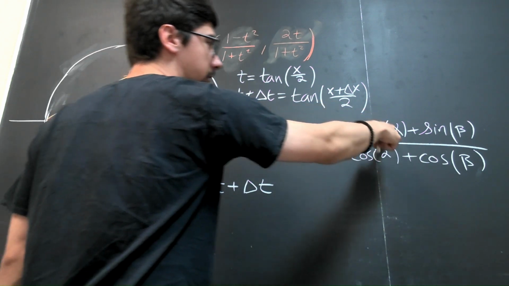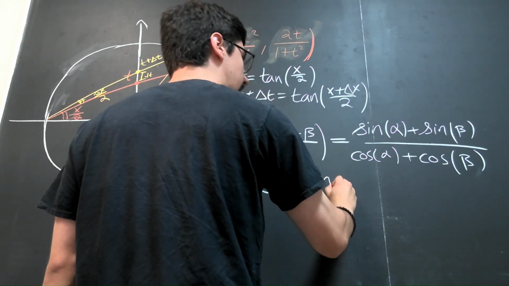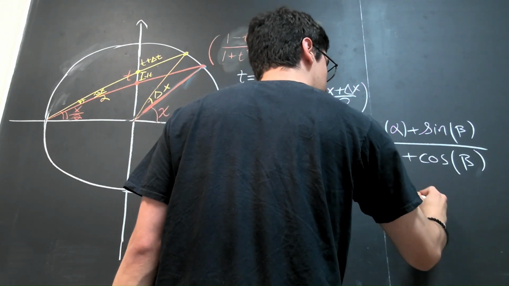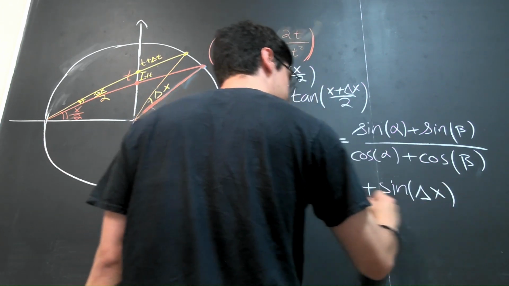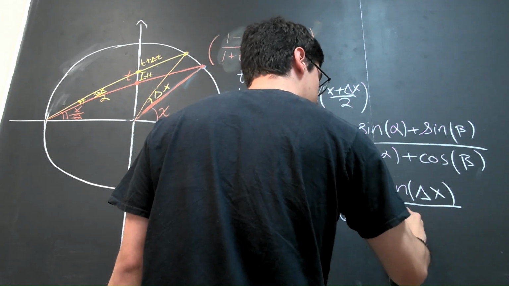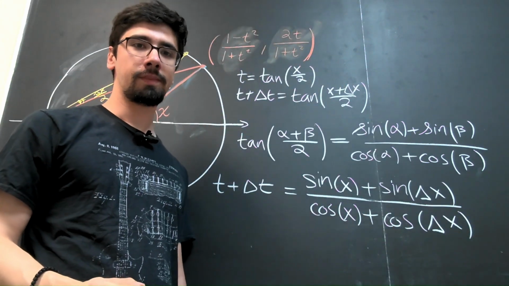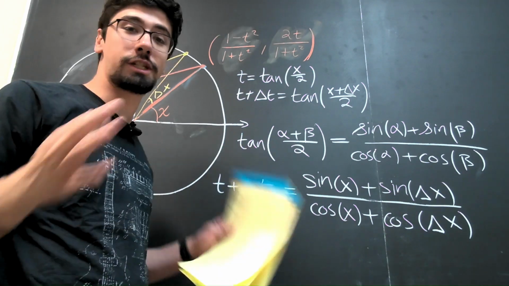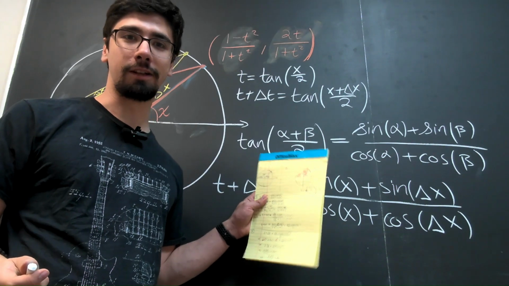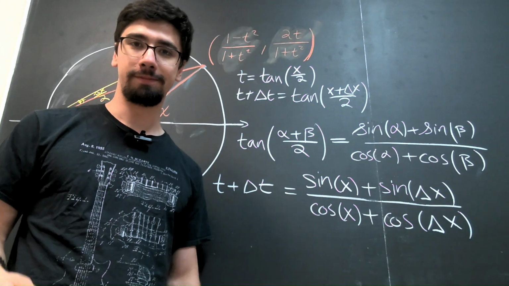And by this relationship right here, we have that this is going to equal sine of x plus sine of delta x over cosine of x plus cosine of delta x. And the magic from this formula comes from whenever we start simplifying this relationship here and assuming small angles. So I'm going to clean the board real quick and we'll get back to deriving the dt.